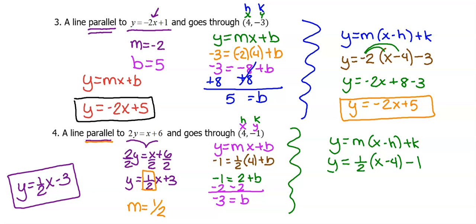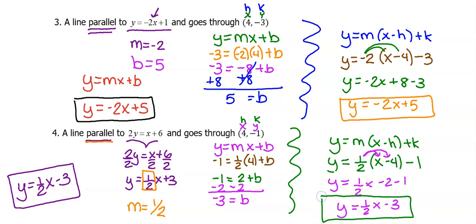And then I'm going to go ahead and distribute. I get 1/2 x. And again, half of -4 is -2. And as you can see, I get the exact same answer again. So again, it's nice to know both, and then that way you can pick which one you like as your favorite. Either or.